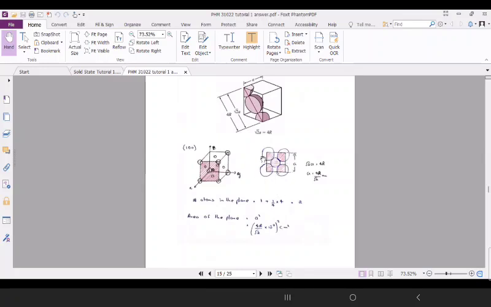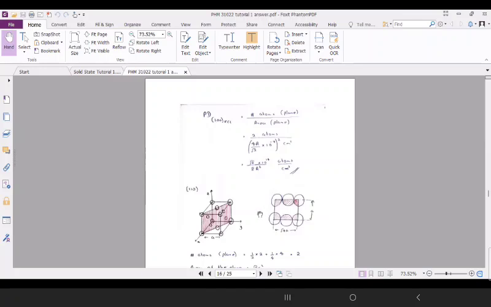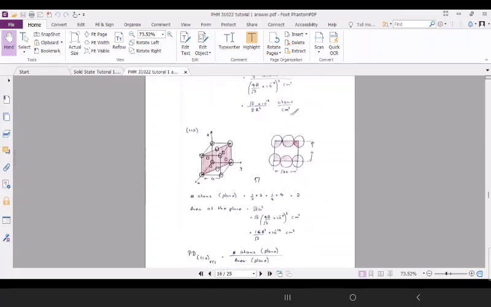If it is face centered, there is a center atom and 4 edges have 1 by 4th. So the number of atoms in this particular plane is 2. At the same time, this area should be a squared. Then you have to get it in capital R. So you can easily get the PD value for this 100.